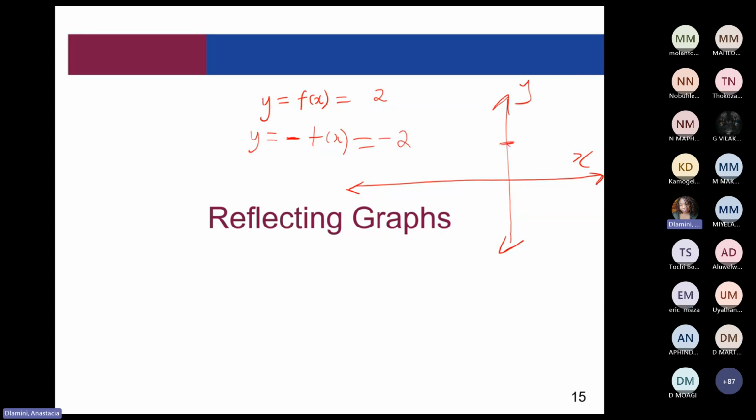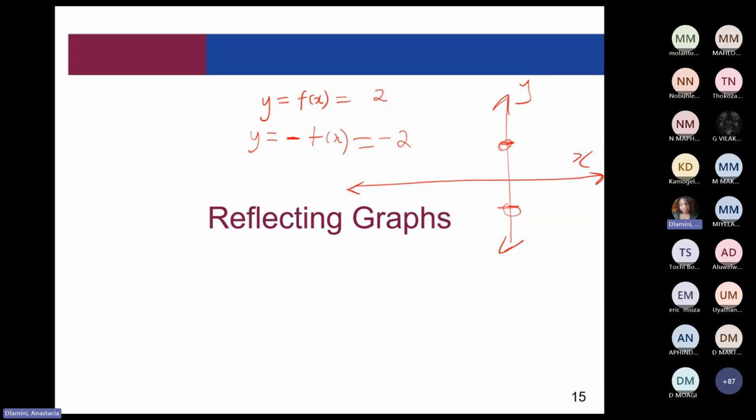I was here and I jumped to here. Someone standing here and someone standing here is the same person, but they are reflected. Which line did they cross? The x-axis. Let me summarize.